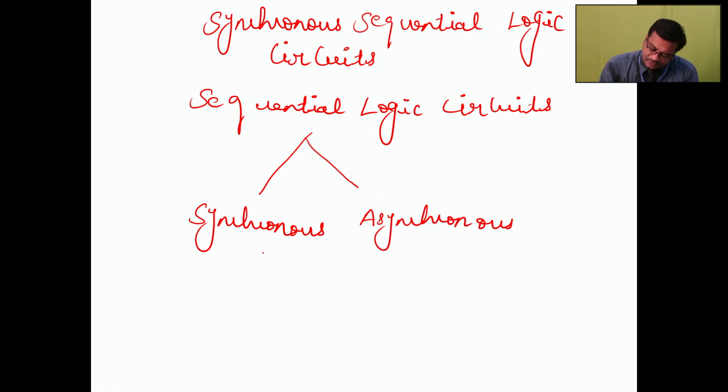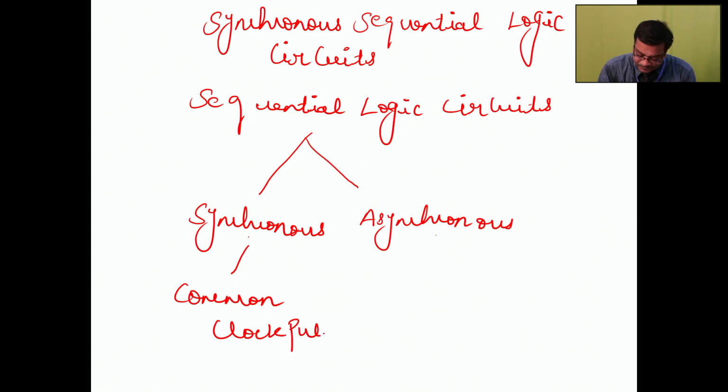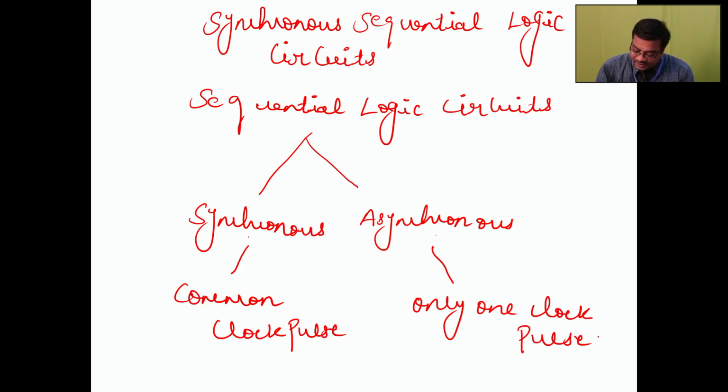What is the basic difference between synchronous and asynchronous? Synchronous uses a common clock pulse. While in the asynchronous, we see only one clock pulse. So this is the basic difference.